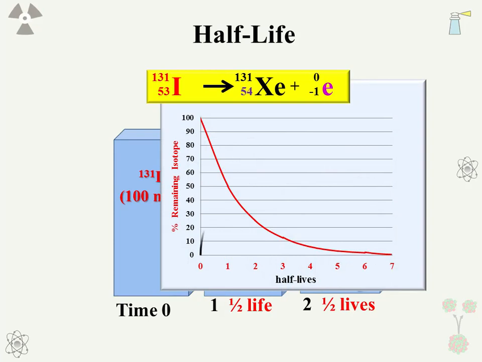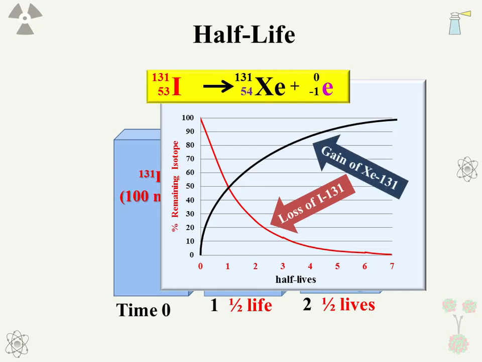In addition, the formation of the daughter nuclei, the xenon, is shown to increase at the same rate that the iodine decreases. It makes sense because matter is conserved. There is the same amount of overall matter. It just changes form. So there are 2 ways to monitor the decay of I-131. Measure the loss of I-131 or the gain of Xe-131.